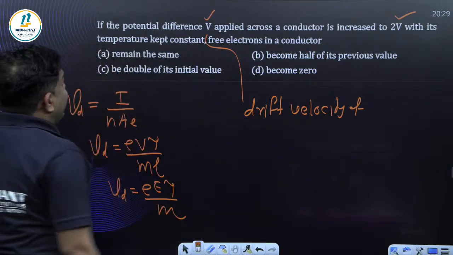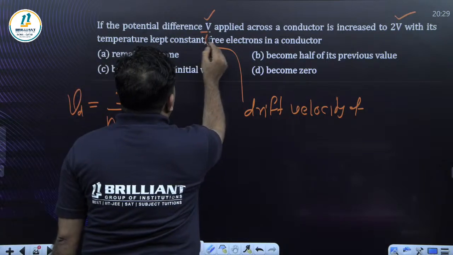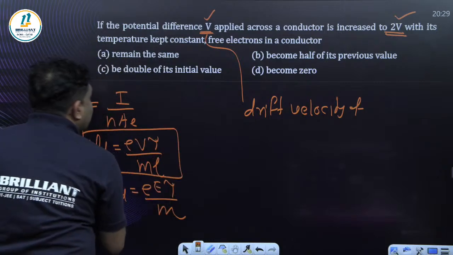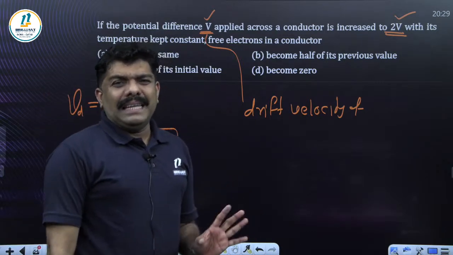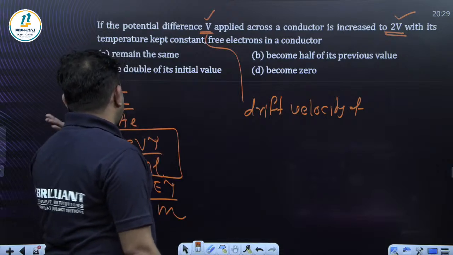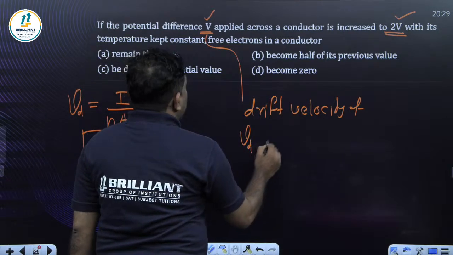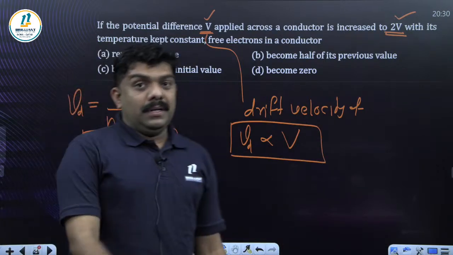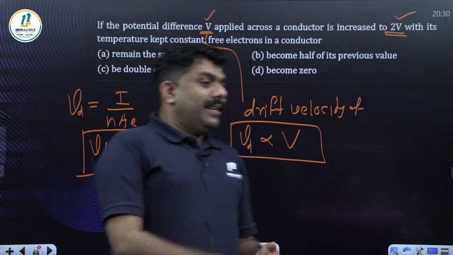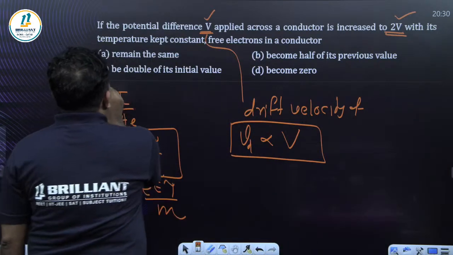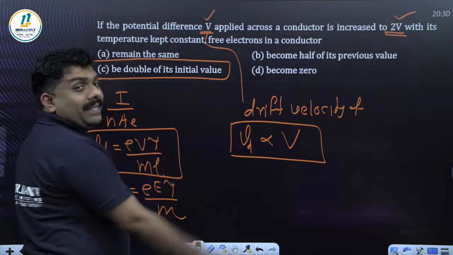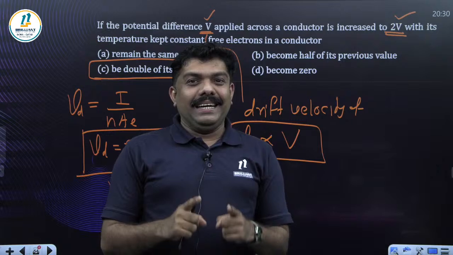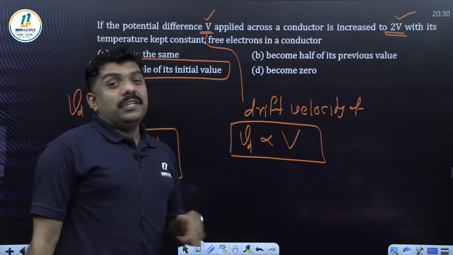Here only the voltage is changing, voltage doubled, so I want to use this formula. Mass and length are not mentioned, temperature is constant, e is the charge of electron. So VD is directly proportional to the applied potential difference. So the right answer is C, because it is double of its initial value.